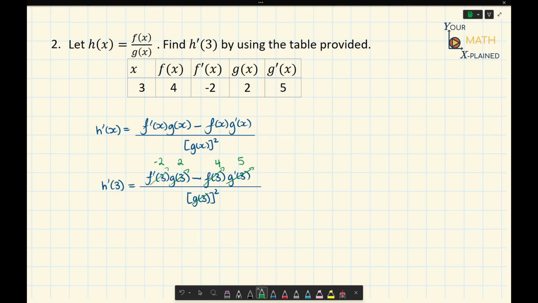And this g of 3 here is also equal to 2. So now we have this is equal to -2 times 2 minus 4 times 5 over 2 squared. And this evaluates to -6.